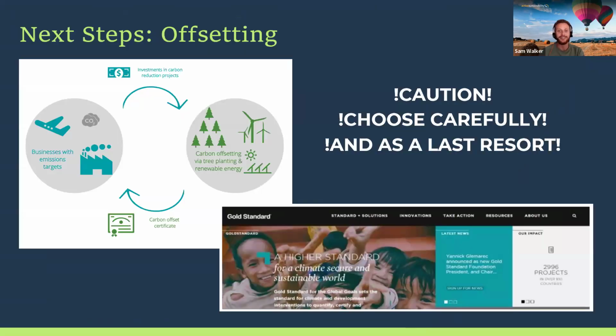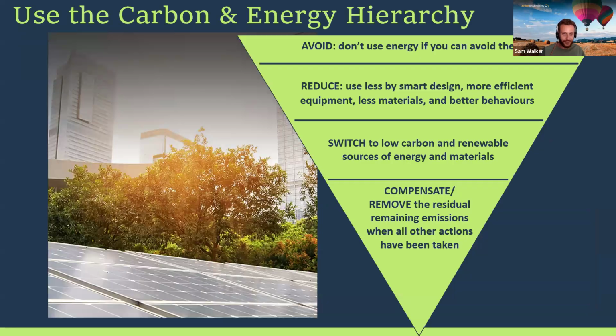Now, that last piece relates to carbon offsetting, which is really key at the minute. A lot of organizations are relying on this, and it's great. I always put on this slide caution: choose carefully and as a last resort, because if we look back at that hierarchy quickly, this is the order it should be followed.